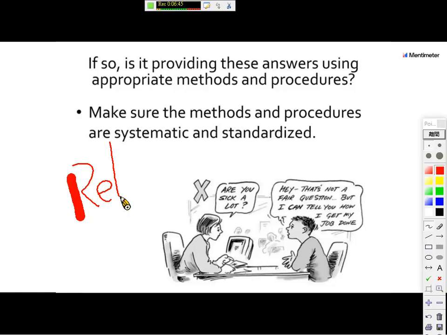But when we talk about reliability, basically it asks one question. We have validity, which means we make sure that validity is there. We are using the right research instrument to collect the data we need to answer our research questions. Good. Then the next one is to ask, does this research instrument provide this answer using appropriate methods and procedures?